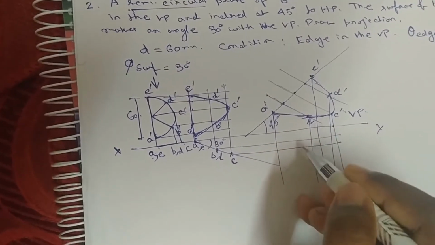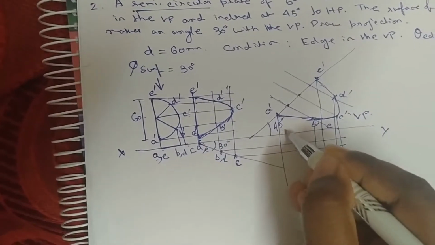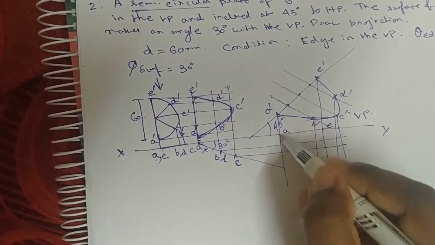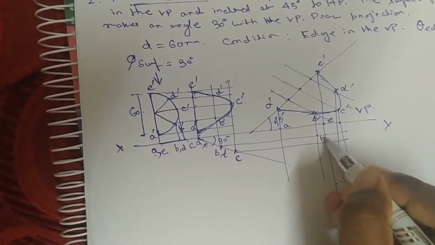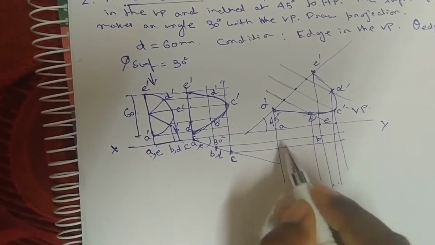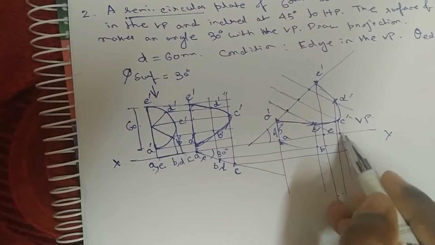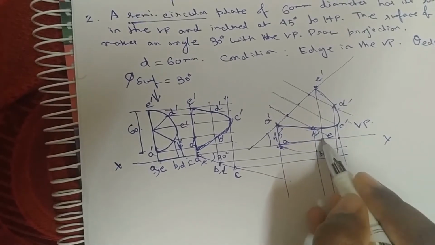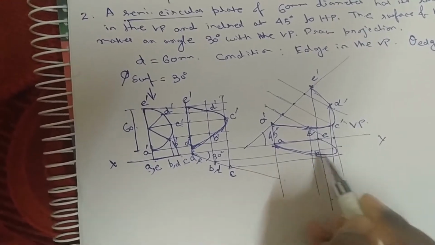So this is your E A, this will be B, and this will be D. So after getting all those points, you are going to get this kind of curve over here.